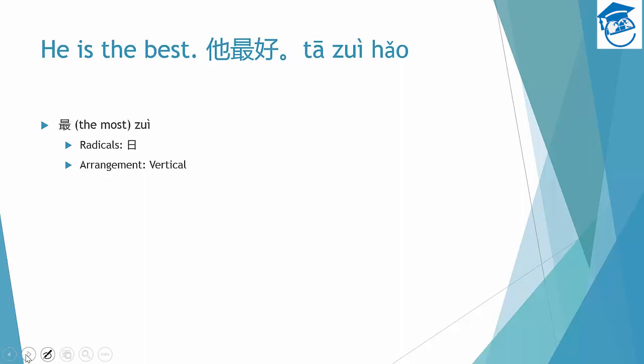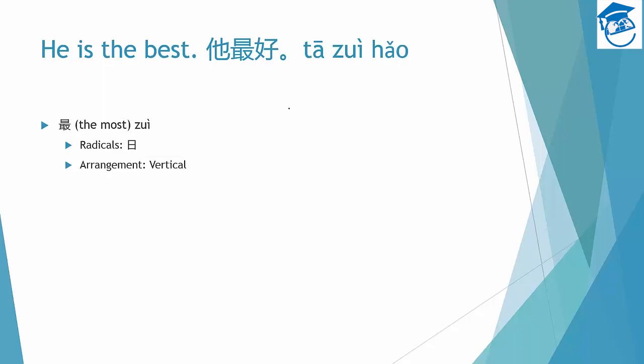The last one is the superlative form. He is the best. 他最好. Okay, this one should be simple enough. 最 means the most. This is the pinyin and the radical is what's on the top there. So the arrangement is vertical.